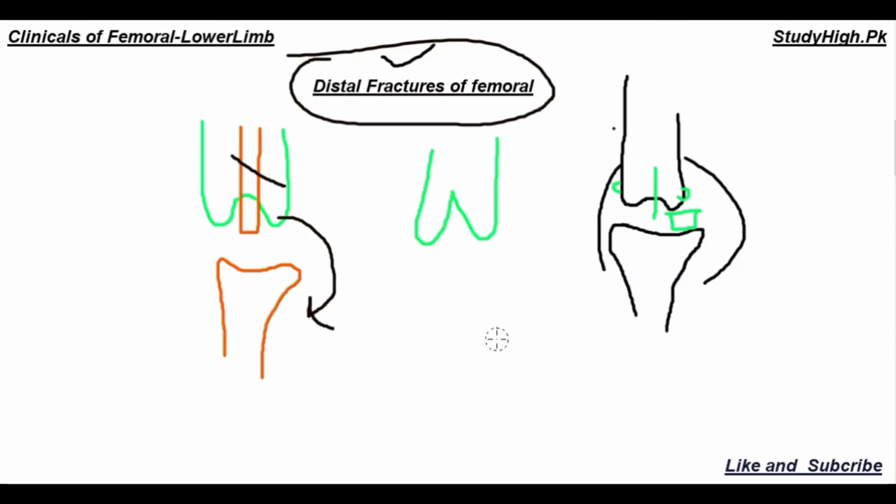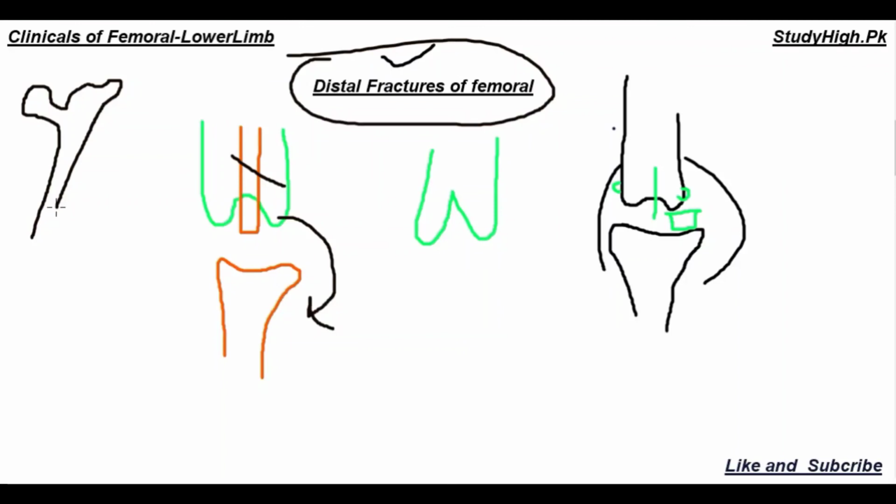So this is our today's lecture on clinicals of the femoral bone. First, I informed you about avascular necrosis and the different types of proximal fractures: subcapital, intertrochanteric, pertrochanteric, and transcervical fracture of the neck.